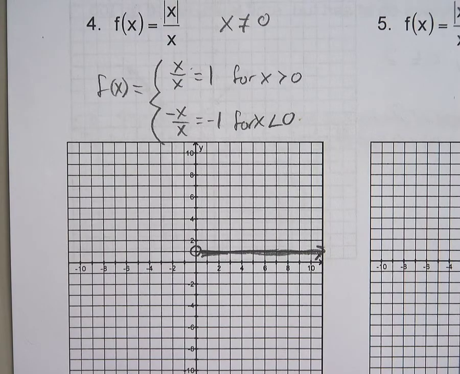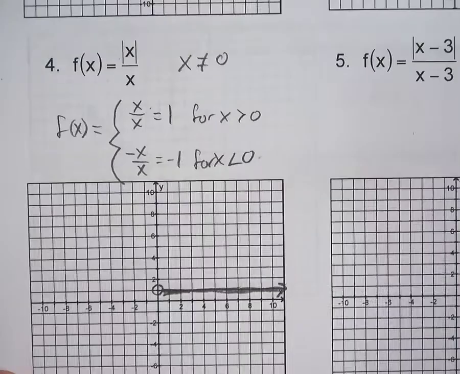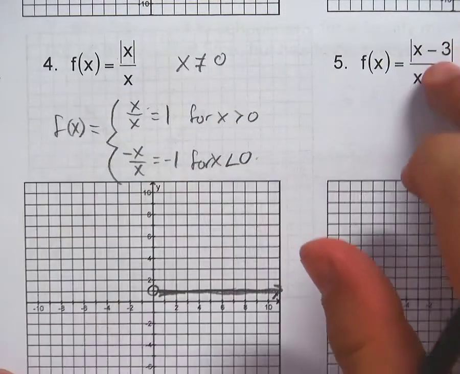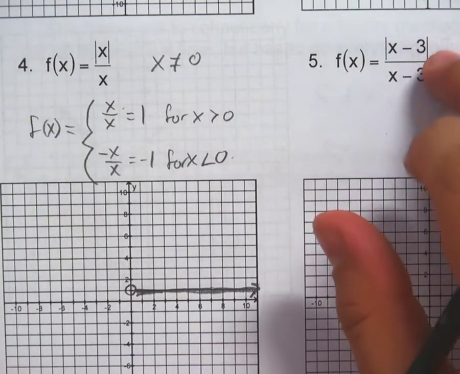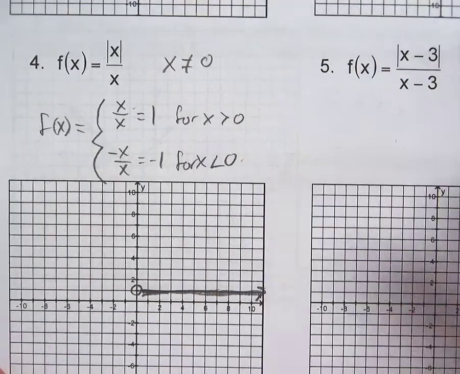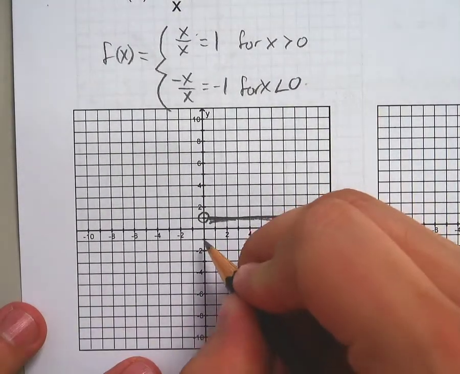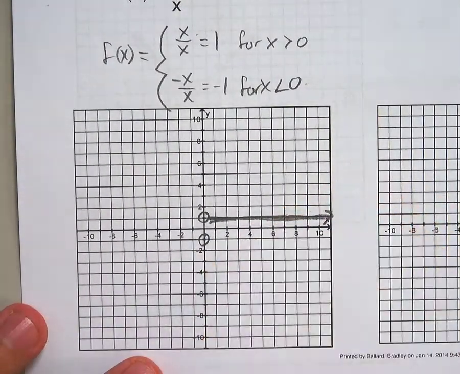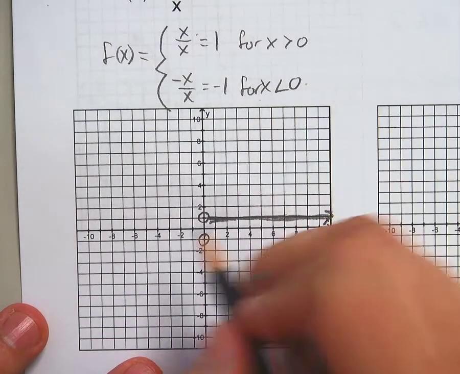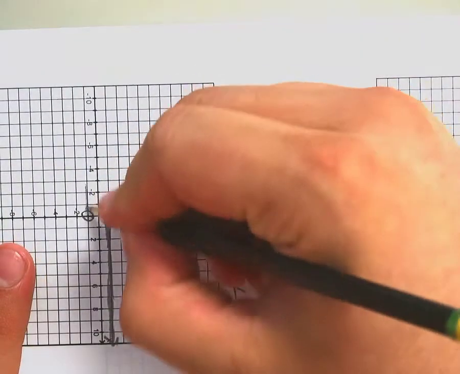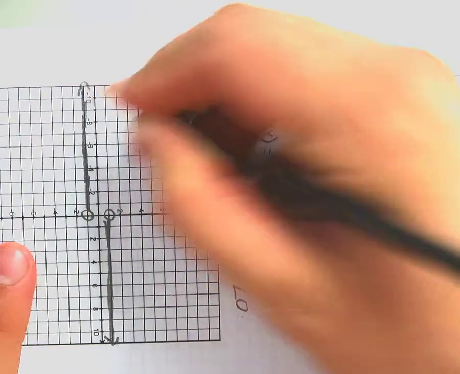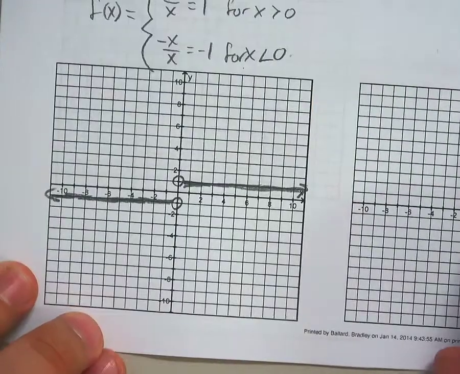This is a special type of function, and number 5, just so you can see it, is the same thing. Anytime you have a number over itself, it's going to be 1 and -1. But we'll get to number 5 in a second. And then -1 everywhere to the left of 0. So let me do it like this. That way you can really see it.